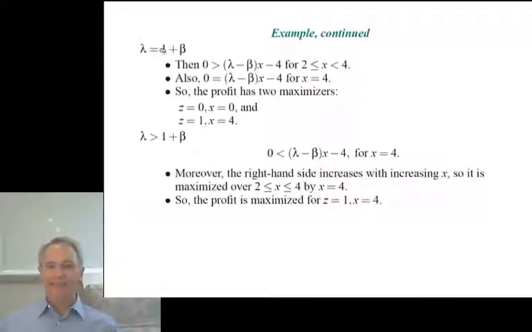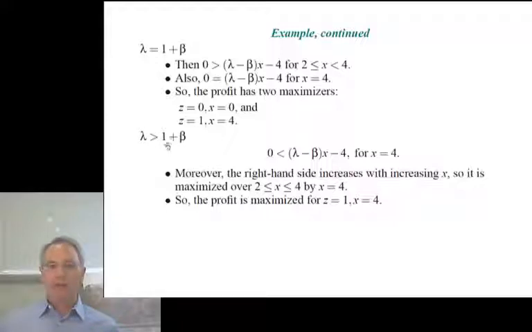If lambda is exactly equal to 1 plus beta, then we find that for x equals 4, the profit would be exactly equal to 0 if we were in service. If x were less than 4 but greater than or equal to 2, the profit would be negative. So for this particular value of lambda, the profit function has two maximizers, either out of service and producing nothing, or in service and producing 4.